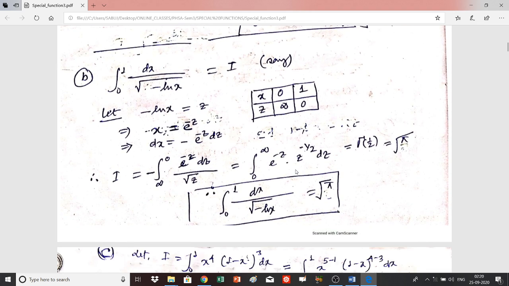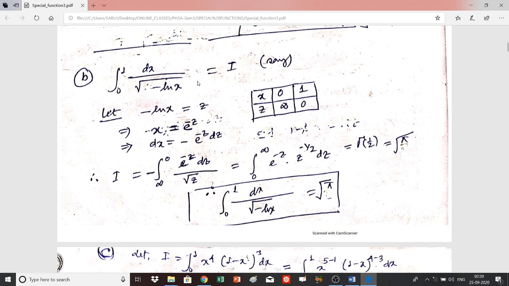There is no difficulty in understanding this, just look at this expression. Now from this expression you can write dx is equal to minus e to the power minus z dz. Now our job is to substitute the values of minus log x and dx into this expression.